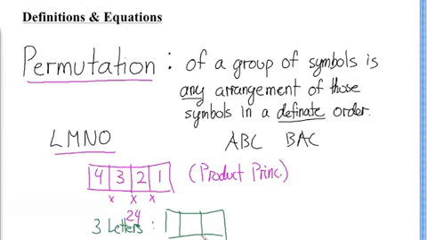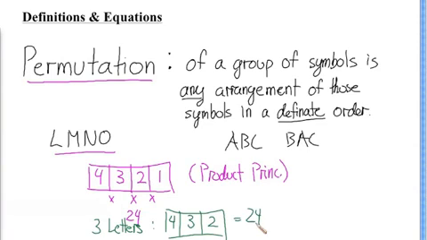Again, I still have 4 options for the first letter, L, M, N, or O. I'm still going to have only 3 options for the second letter and 2 options for the third letter. Turns out I'm going to get the same number of permutations when I only take 3 letters at a time.